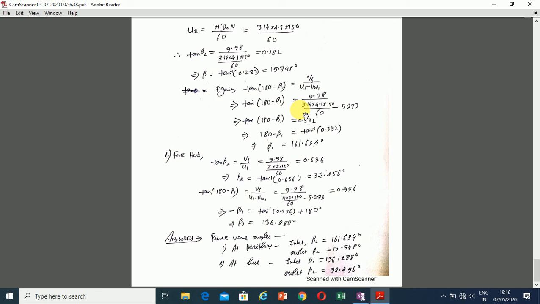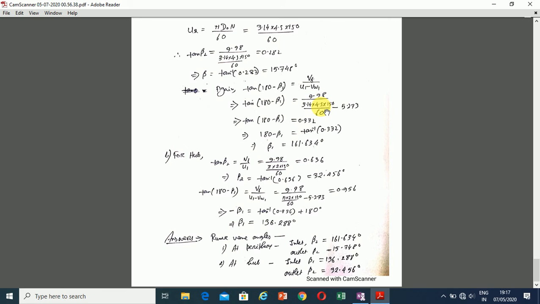Again for the inlet, tan of 180 minus beta 1 is Vf by U1 minus V omega 1. From here, tan of 180 minus beta 1 is equal to Vf, found as 9.98, and U1 is pi D n by 60.